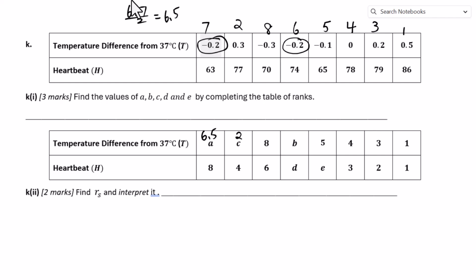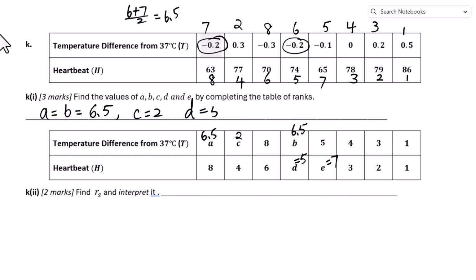B equals 6.5. For heartbeat, 1, 2, 3, 4, 5, 6, 7, 8. So E equals 7, D equals 5.